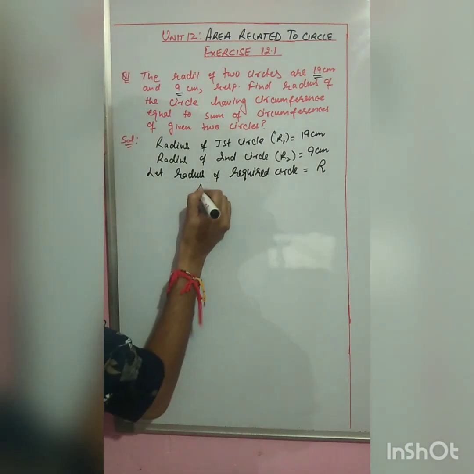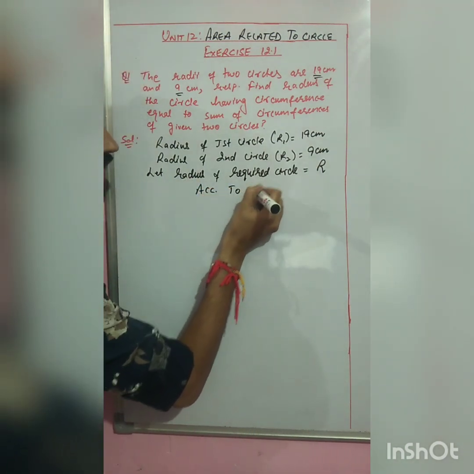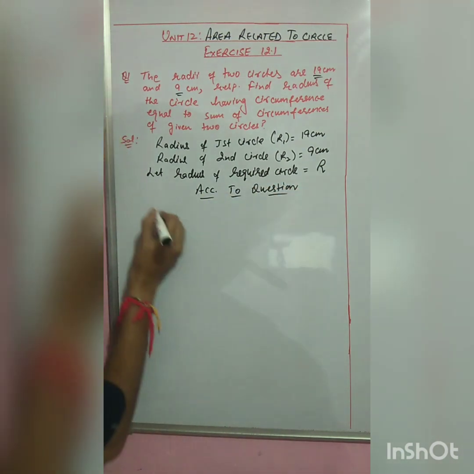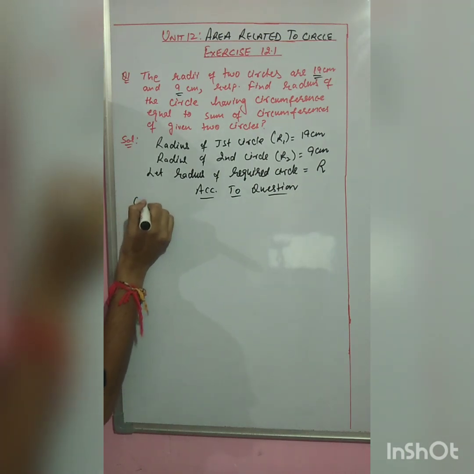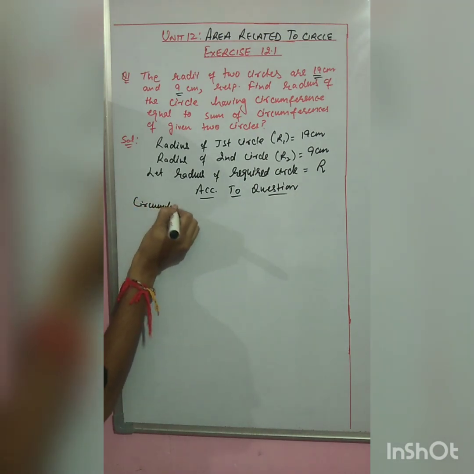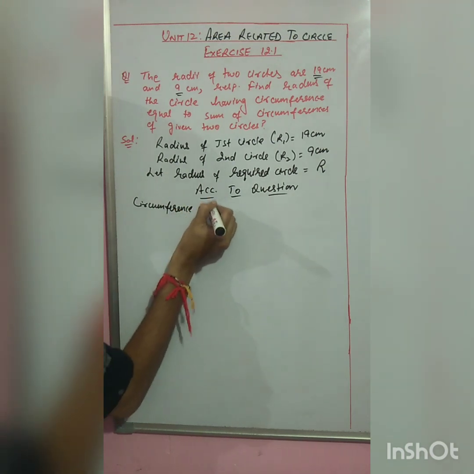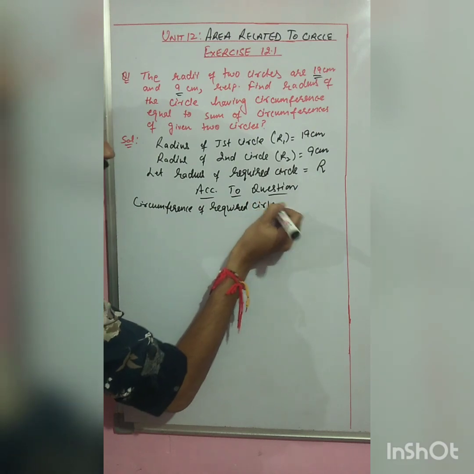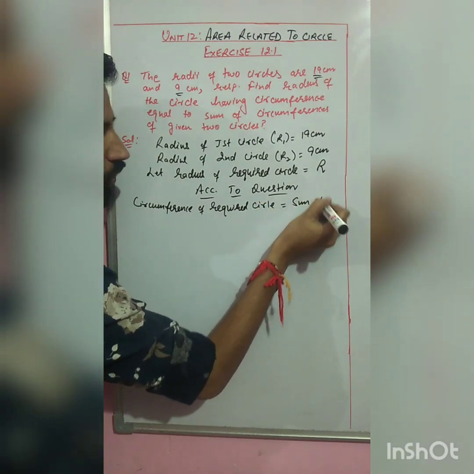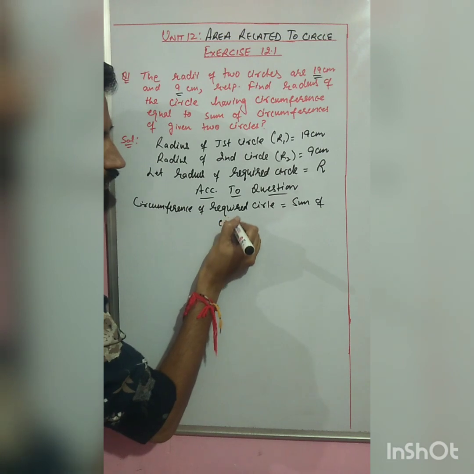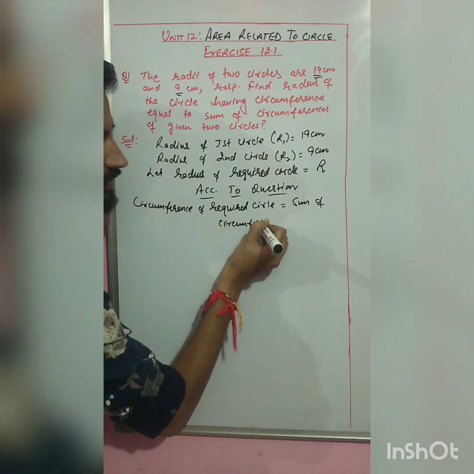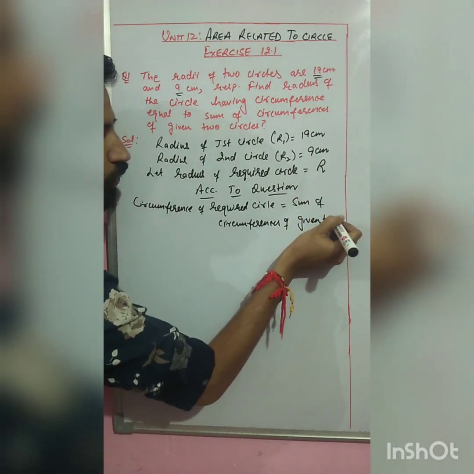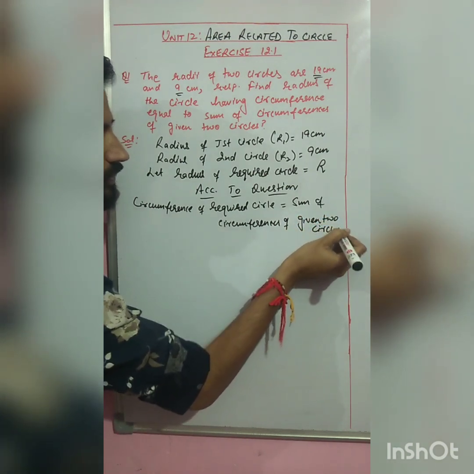Now, according to the question, the circumference of the required circle is equal to the sum of the circumferences of the given two circles.